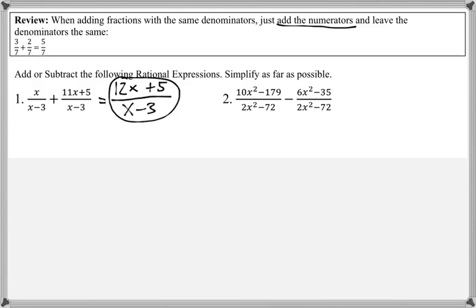On number 2, I do have the same denominator, but I need to be very careful here because this is a subtraction. And that subtraction applies to both of those terms in the second fraction. So I'm actually going to rewrite it.